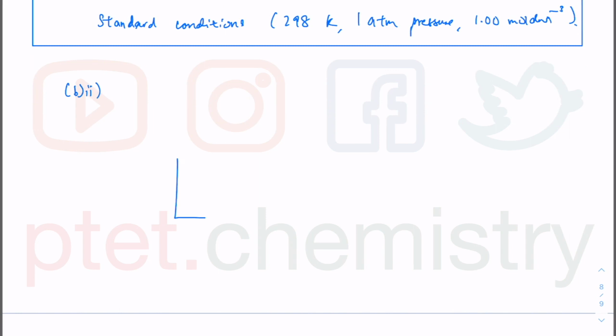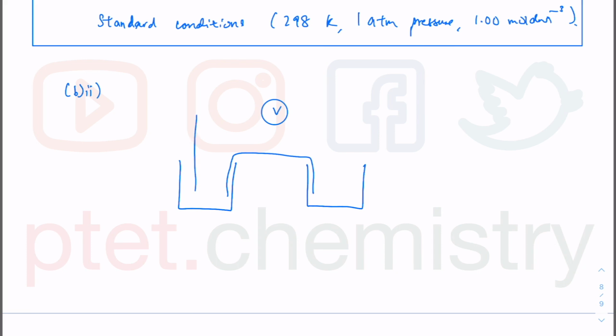So if I just label my apparatus, I want a bigger container, another container. I will have a high resistance voltmeter, and I'll have a salt bridge connecting these two together. I have a metal ion and a metal, so I would need a metal electrode there. I have a metal ion and a metal ion, so I need another electrode there.